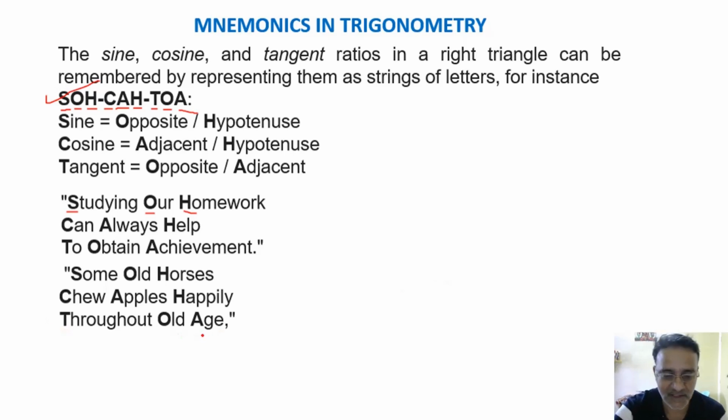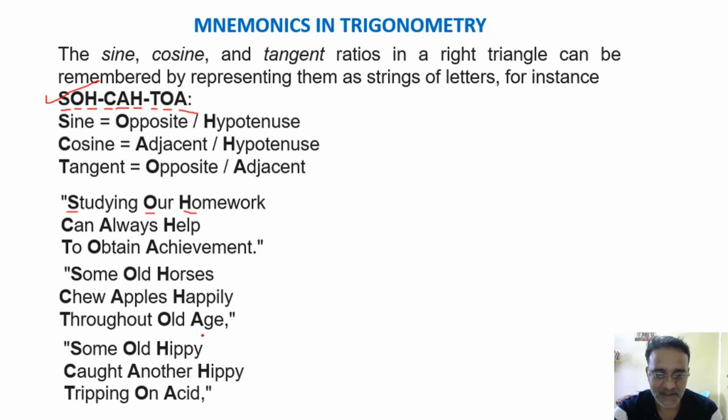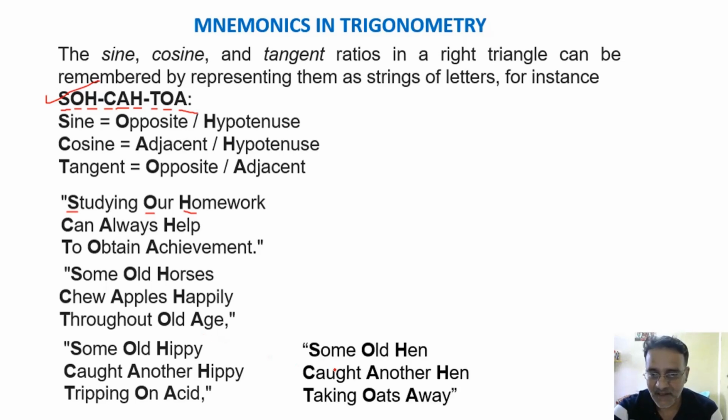Here also we can take the first letter of each word. The next one is: some old hippie caught another hippie tripping on acid. And: some old hen caught another hen taking oats away. So these are some tricky sentences through which we can remember the formula. But the very easy one is SOHCAHTOA.